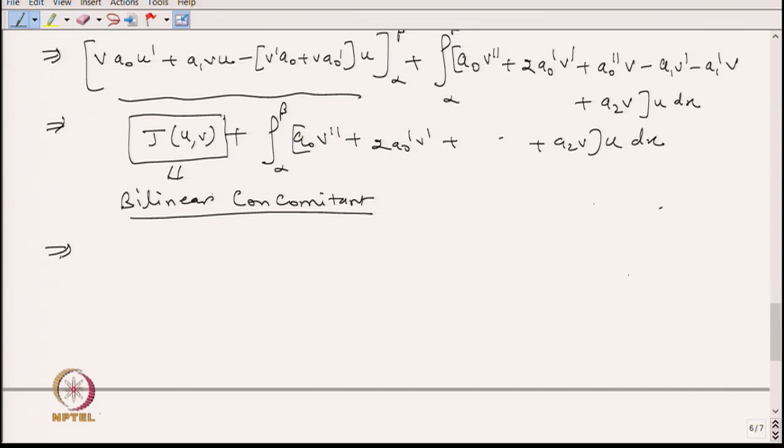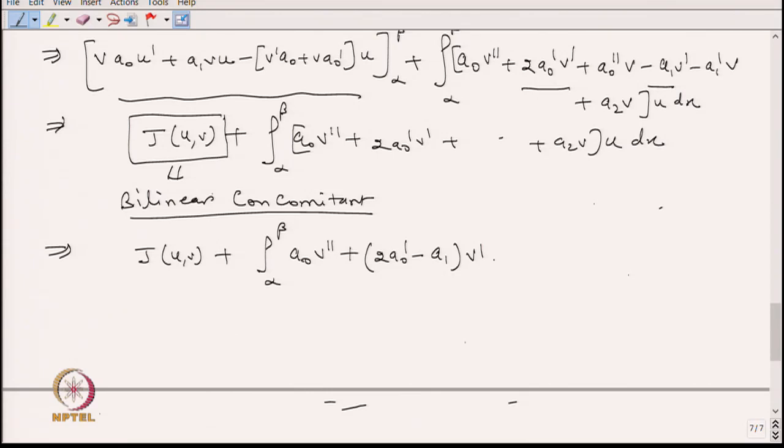From here, if you see, I can write this as J of u and v, plus the integral from alpha to beta, taking the quantities together. So, this will be A naught v double dash plus 2 A naught dash minus A1 v dash, plus A naught double dash minus A1 dash plus A2 v.